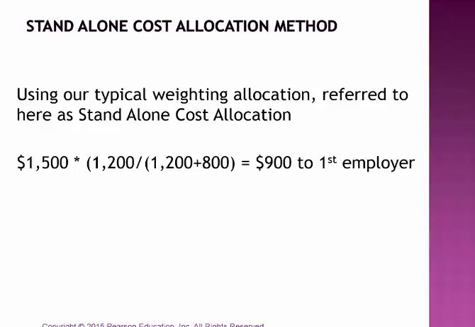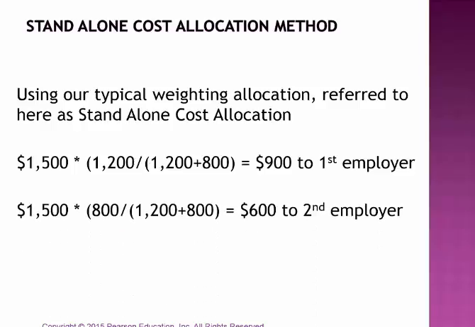We multiply that times $1,500, and we would allocate $900 to the first employer. Of course, in doing basic math you can calculate that $600 is left and $600 would go to the second employer. But if you had to, you could also do the calculation where they would be getting $800 over $2,000 multiplied times $1,500.